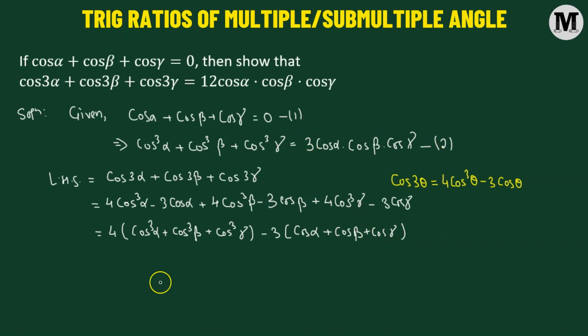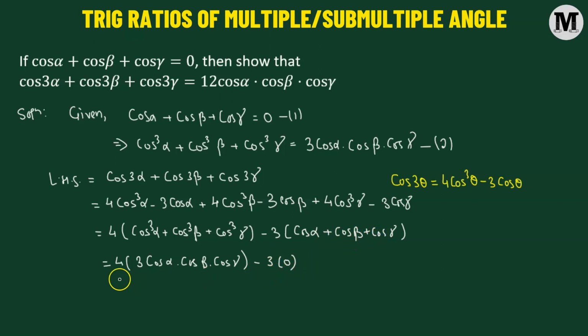Now using relations 1 and 2, the sum cosine cubed alpha, cosine cubed beta plus cosine cubed gamma will be replaced with 3 times cosine alpha times cosine beta times cosine gamma, minus 3 times the sum cosine alpha plus cosine beta plus cosine gamma.